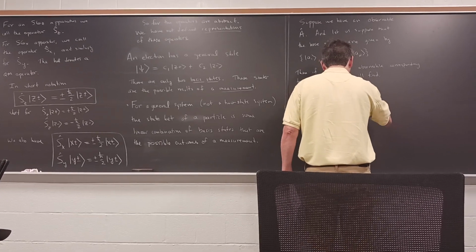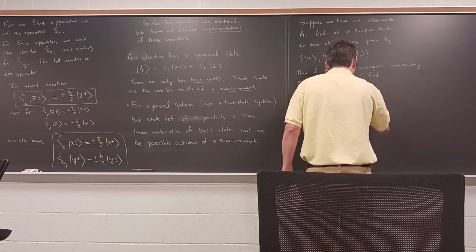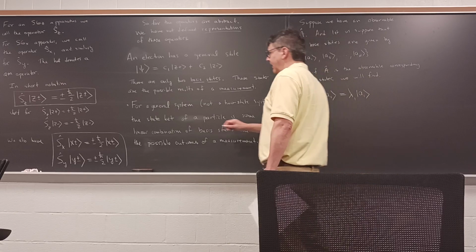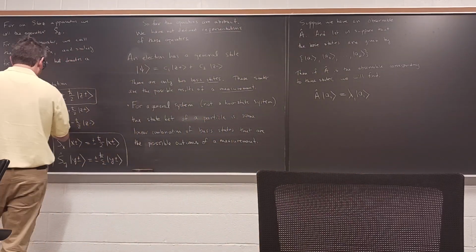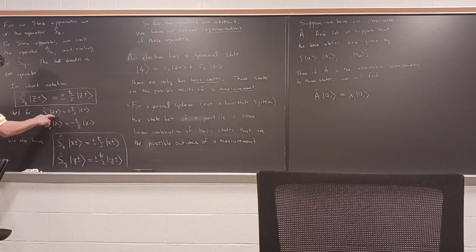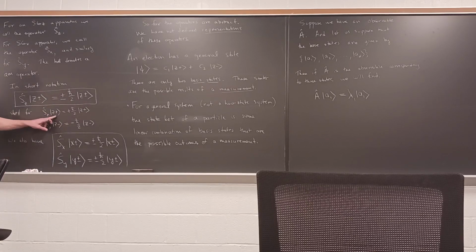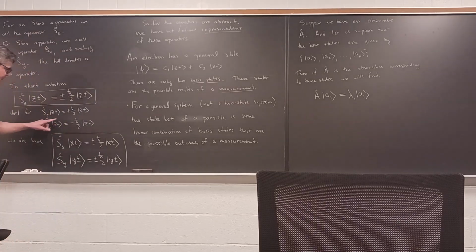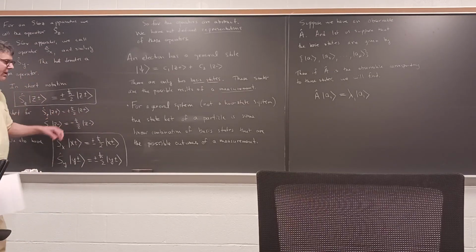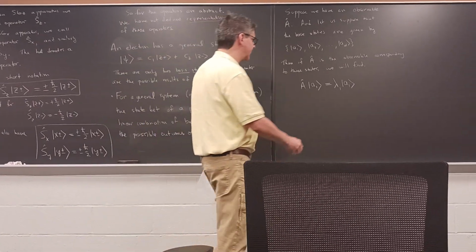And I'll get my same state ket back, just like we did here. If I put in a particular basis ket, then I get the same basis ket back with some number in front of it, and that's called its eigenvalue.